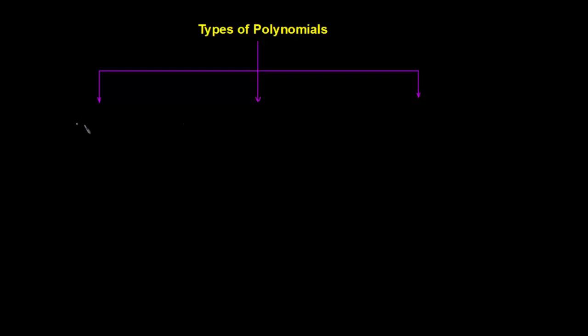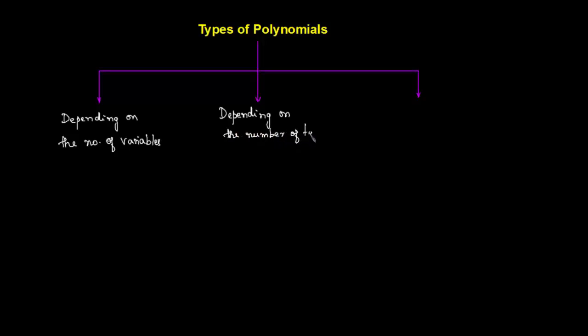Polynomials can be broadly classified into 3 categories depending on the number of variables, and the second classification is depending on the number of terms, and the third classification is depending on the degree of the polynomial. Depending upon the degree of the polynomial.